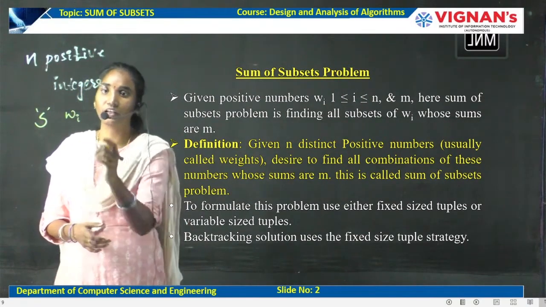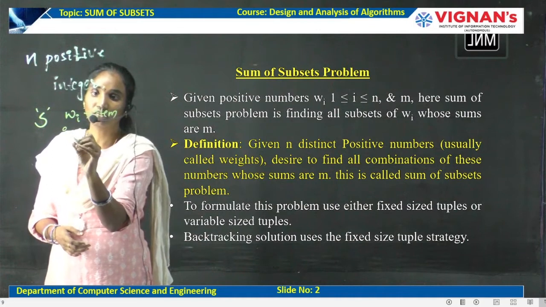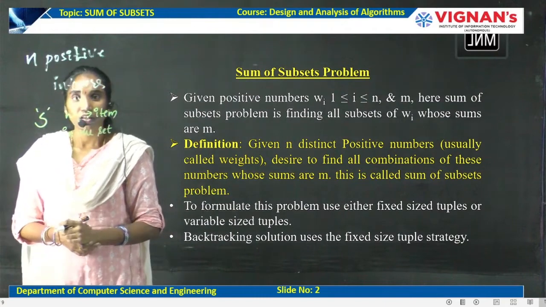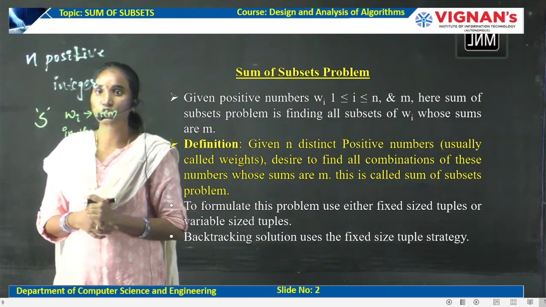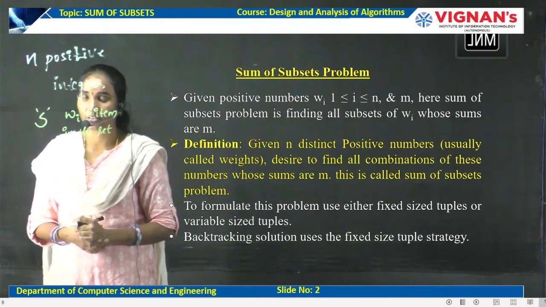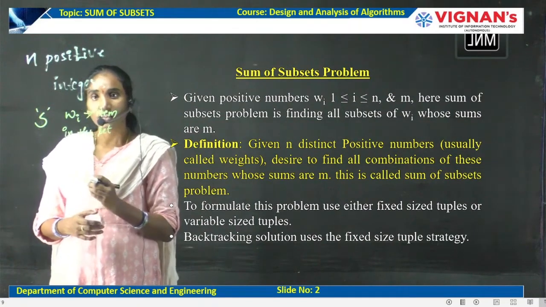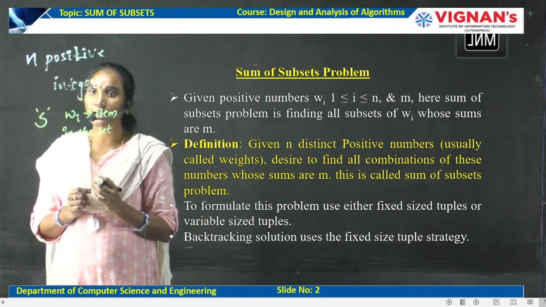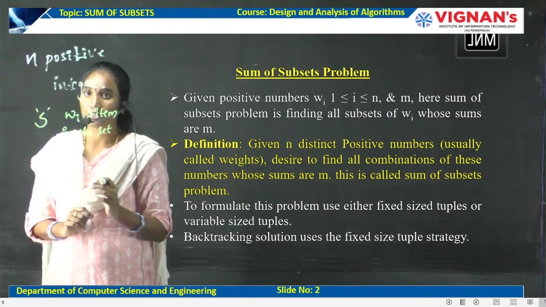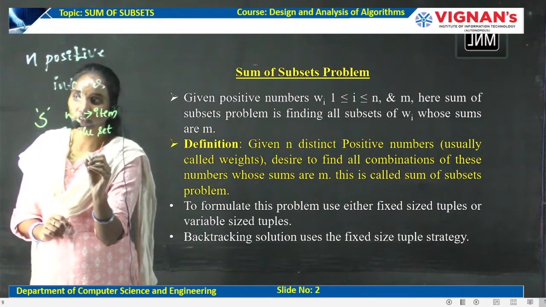Wi stands for each item in the set. Now the main theme is to generate subsets from the given set, where the sum of the elements in the subsets must be the given sum called M. So M is the sum given to you.